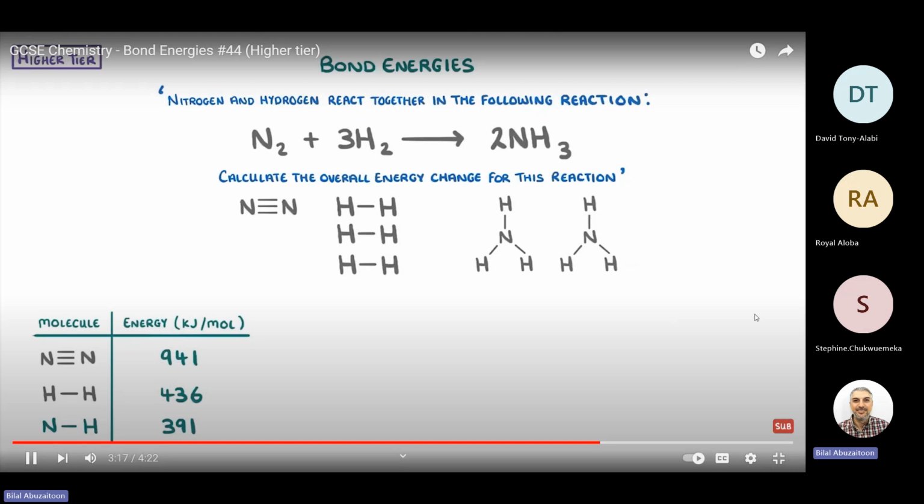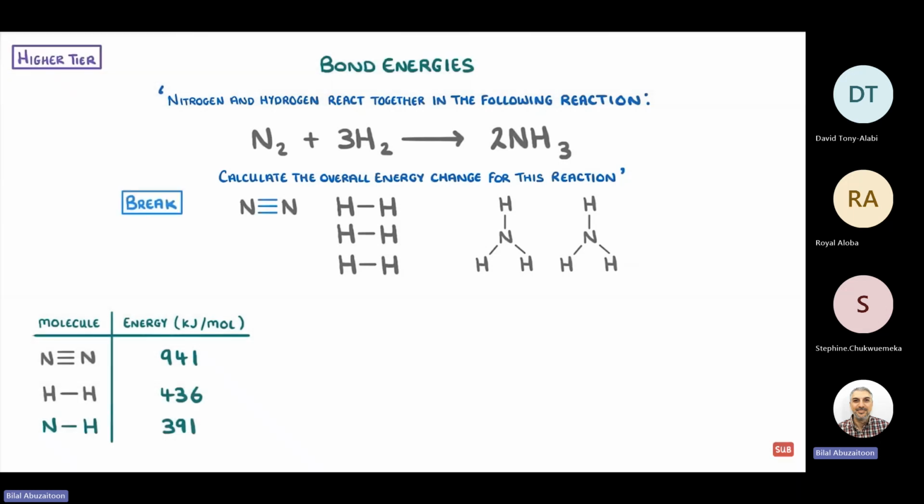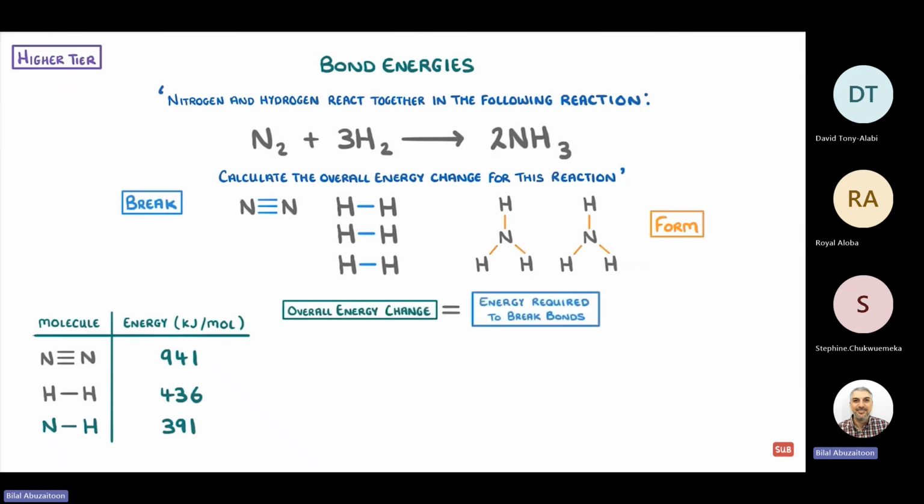No problem. On the left, we can see that we'll need to break one nitrogen-nitrogen triple bond and three hydrogen-hydrogen bonds. While on the right, we'll have to form six nitrogen-hydrogen bonds. So if we recall our equation, which stated that the overall energy change equals the energy required to break bonds minus the energy released by forming bonds, we can just plug in our numbers.